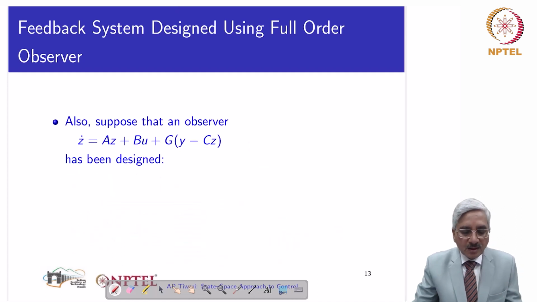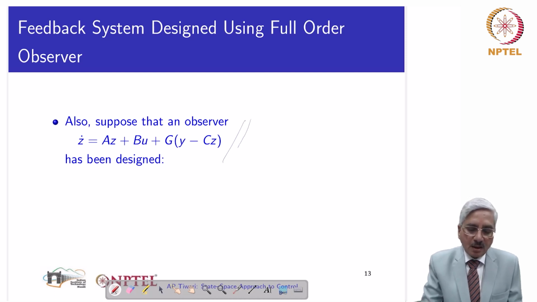However, we don't have the states for feedback. So we designed an observer. Now we will consider reduced order observer a little later. Let us first consider the situation with the full order observer.